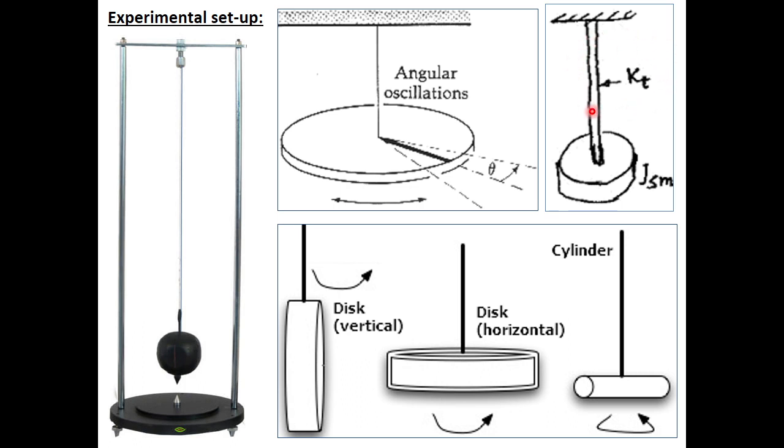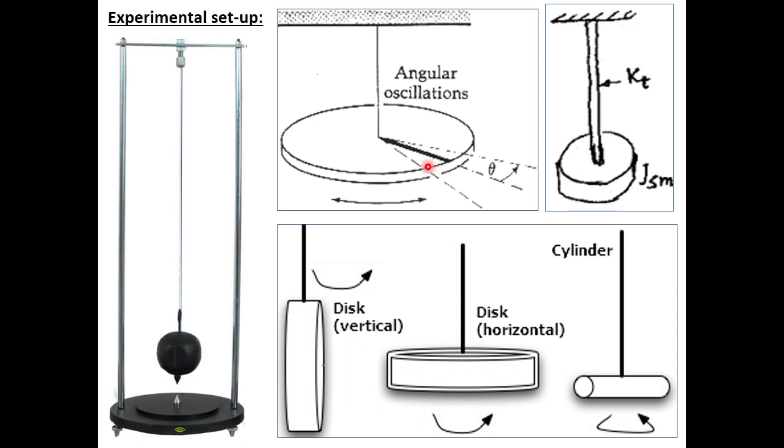K suffix T means torsional stiffness. By this rotation, there is some restoring torque, some shear stress generated in this wire or rod, and that will make it oscillate in a horizontal plane. So this is a torsional pendulum.